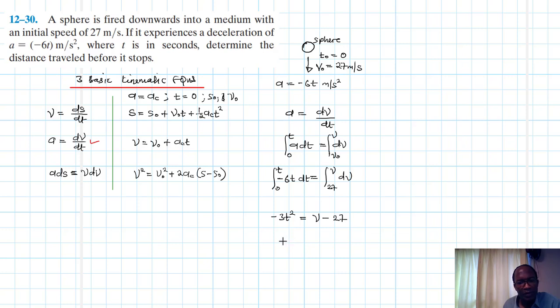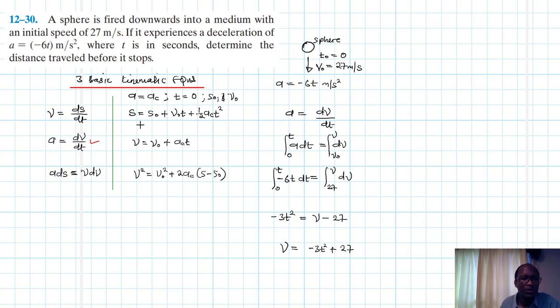Therefore our v is just going to be equal to minus 3t squared plus 27.